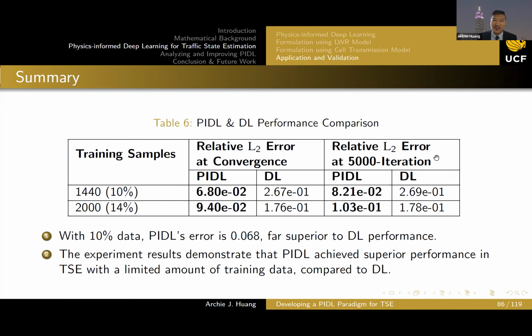And here's the summary where we compare the relative L2 error. This case study also demonstrated the superior performance of PIDL in terms of reconstruction accuracy, given limited training data, compared to the deep learning approach.